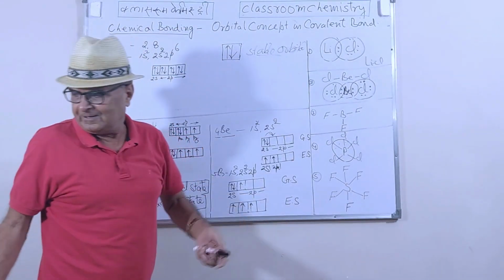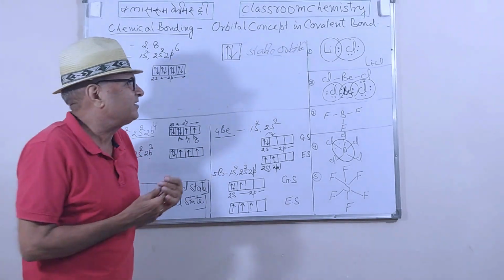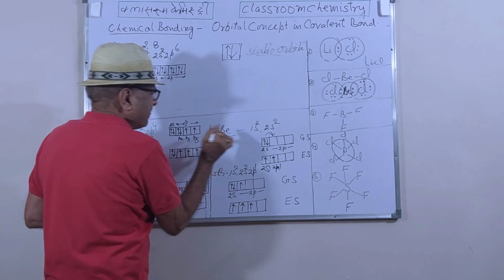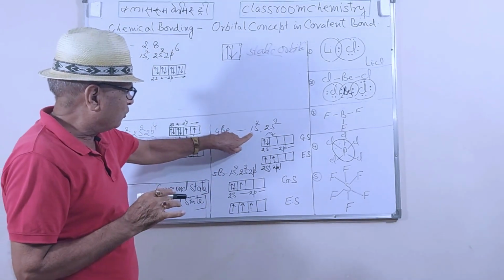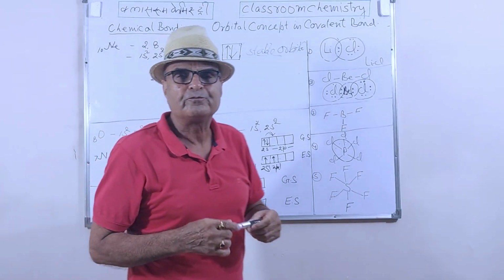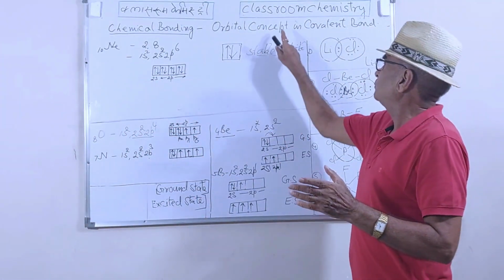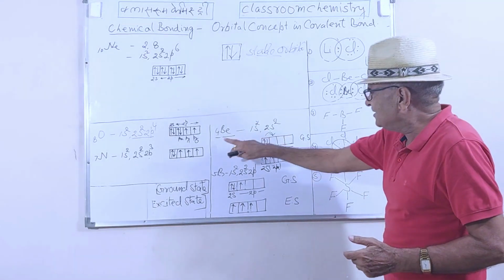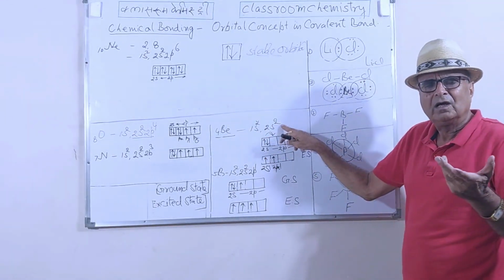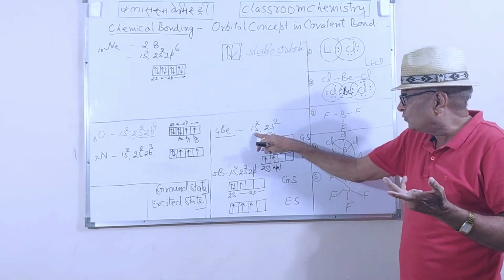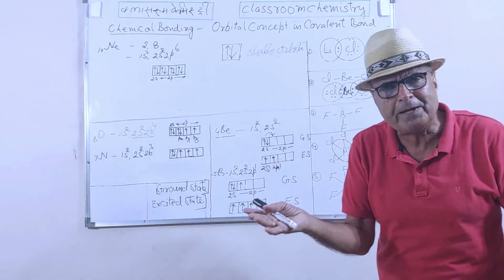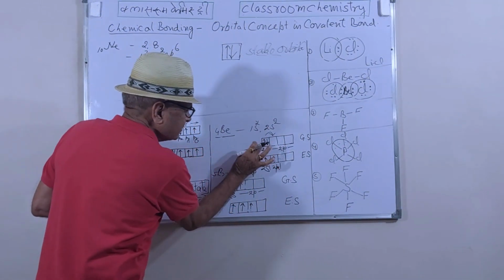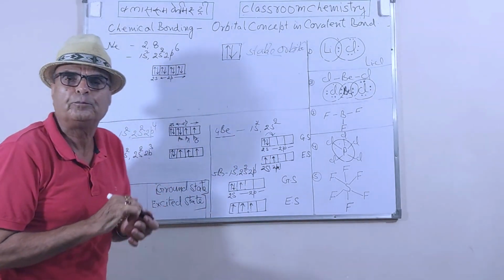Suppose this is beryllium, atomic number 4, 1s2 and 2s2. According to the orbital concept, this beryllium has no unpaired electron: 1s2, and the 2 electrons of 2s are also paired, so this is a stable orbital.